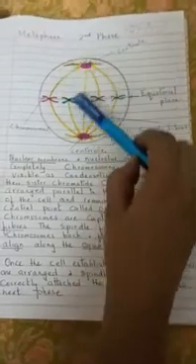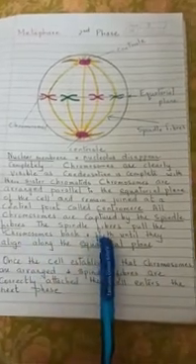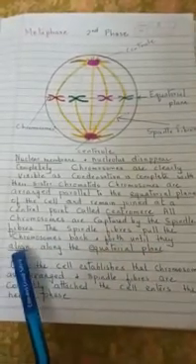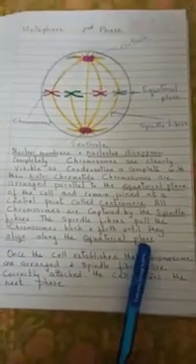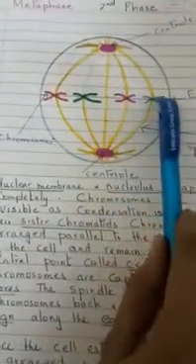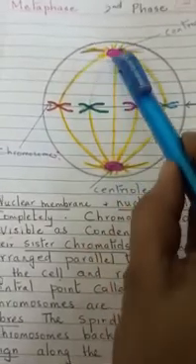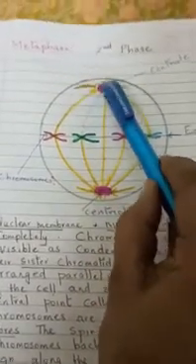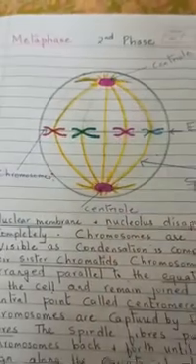These are the spindle fibers. The spindle fibers pull the chromosome back and forth until they align along the equatorial plane. So you can see all the chromosomes are along the equatorial plane. These are the spindle fibers. These are the centrioles which are responsible for making the spindle fibers.